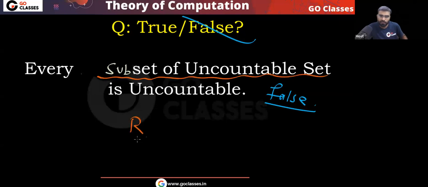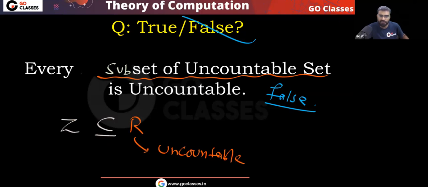Yes, you can take, for example, R. This is uncountable, right? Now you can take a subset. For example, I can give you this subset, and this is countable. So this statement is false. Now let's move on.